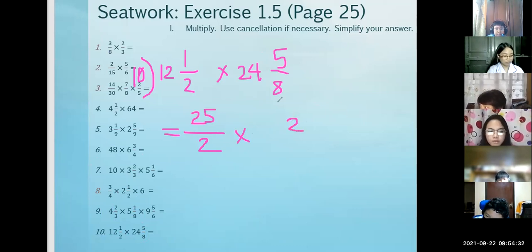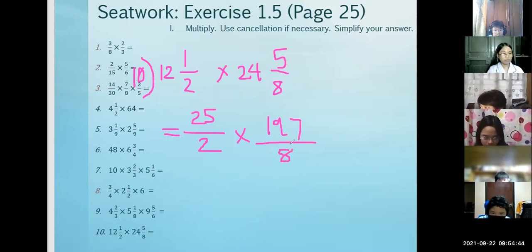Okay, let's check numbers. If there are numbers na masi-simplify, is it 25 and 8, 25 or 2, 197 and 2, 197 and 8.